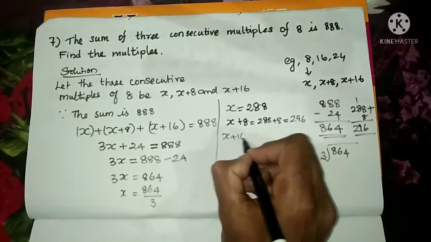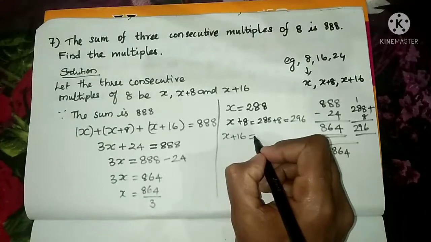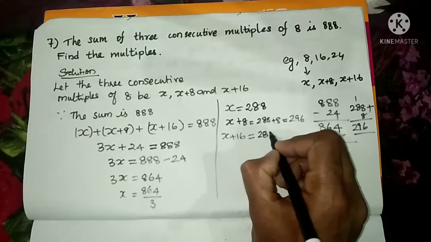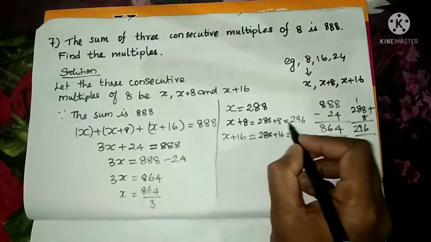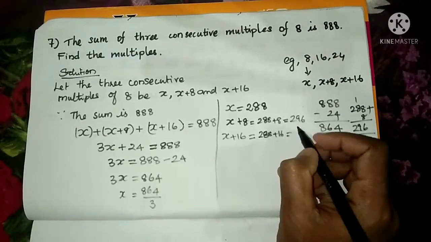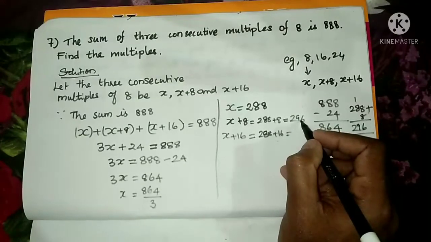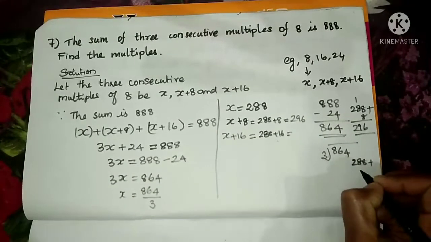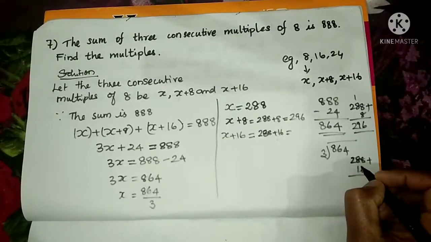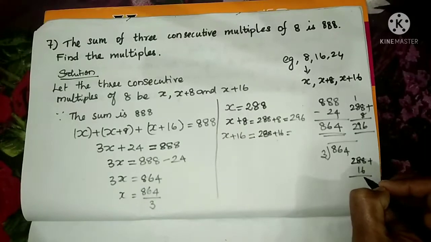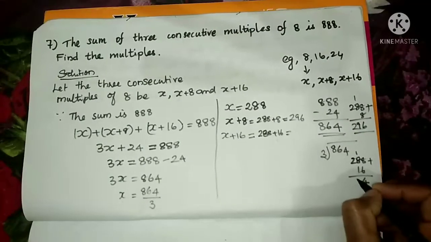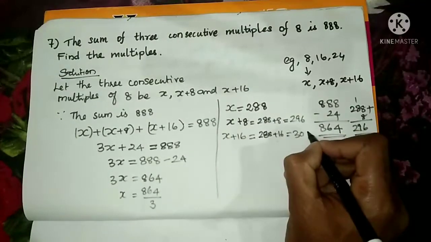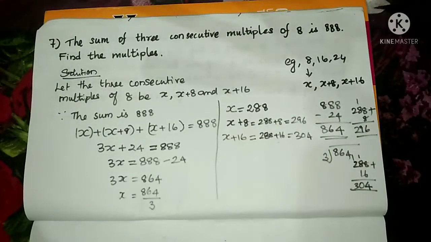Next, x plus 16, which is equal to 288 plus 16, or with this one we can add 8 also: 296 plus 8, we get the same answer. So when you add it, we have 304.